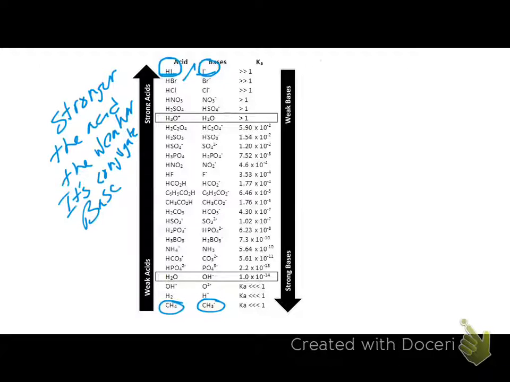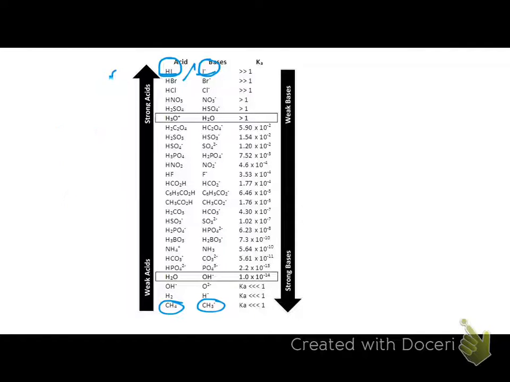The stronger the base, the weaker the conjugate acid. All right, so you can also look at the flip side of this. Weak acids are going to make strong conjugate bases. Weak bases are going to make strong conjugate acids. All right, so it just depends on how you look at it.